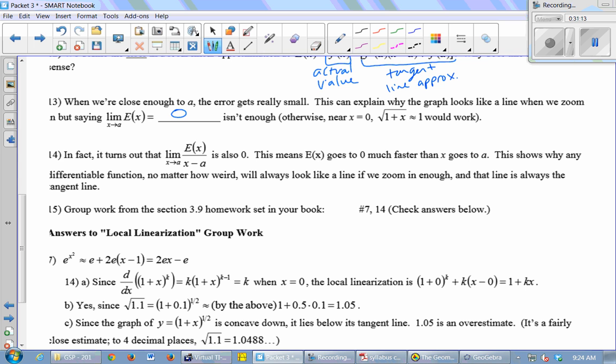So for that fraction to go to 0, the numerator has to go faster than x minus a does. So that shows why any differentiable function, no matter how weird, if you zoom in far enough, just looks like a line. And that line that it looks like is always the tangent line.